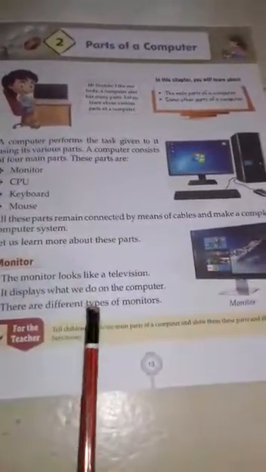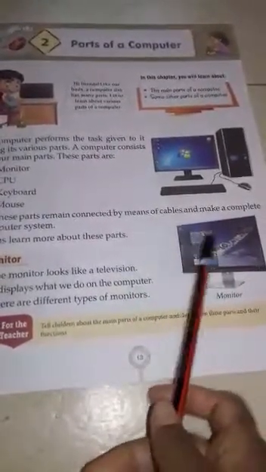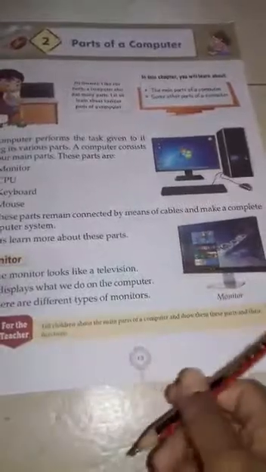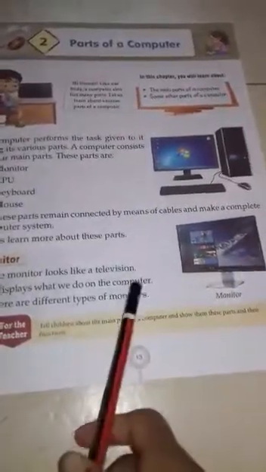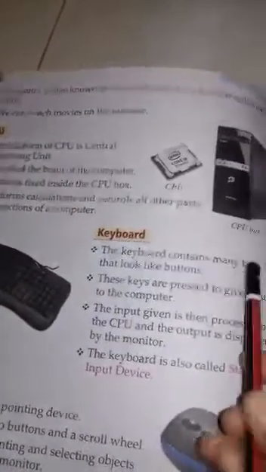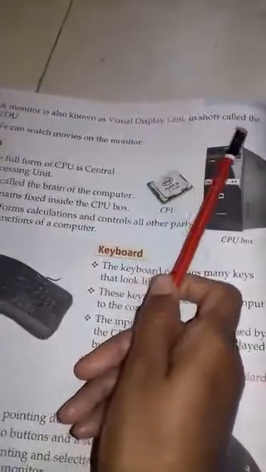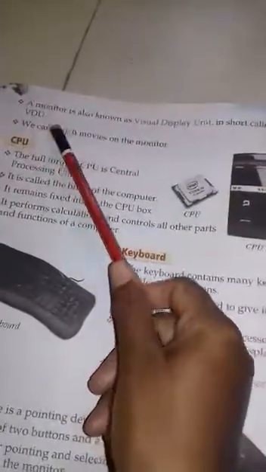There are different types of monitor. Children, you can see there are different types of monitor. Some are flat, some have a little bulge. Then turn to the next page. A monitor is also known as visual display unit, in short called the VDU.